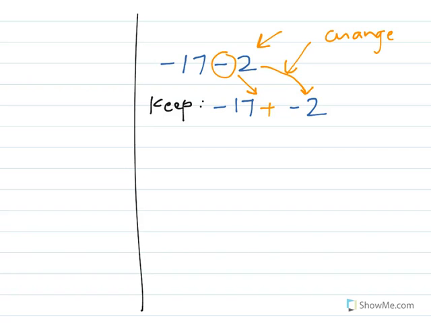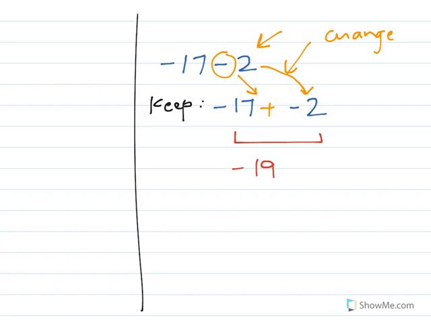And now all we have to do is follow our addition rules. So we look at negative 17 and negative 2. Since they have the same sign, what we do to combine these is keep our sign, negative, and then just add our numbers. 17 plus 2 is 19. So our answer here is negative 19.